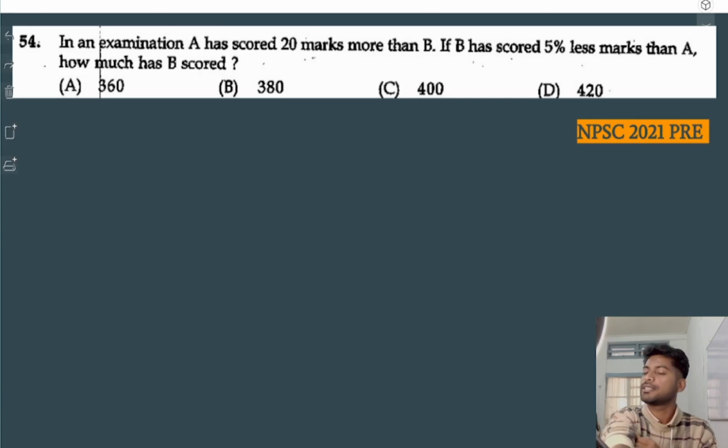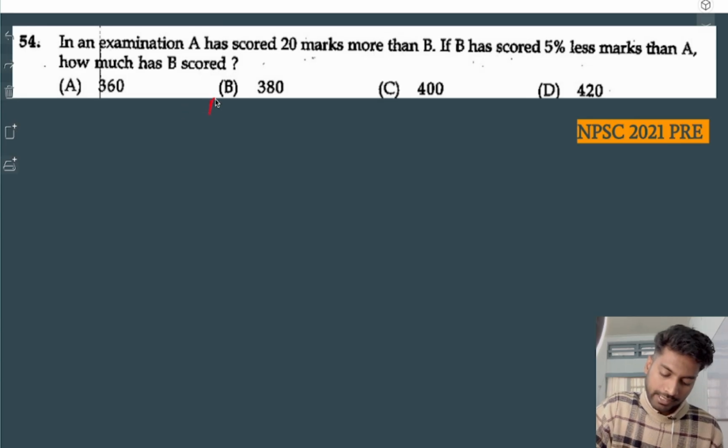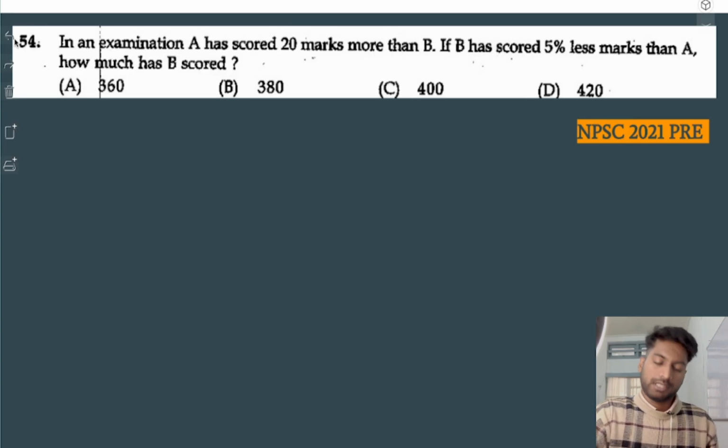Interesting question, but a little complicated. Look, just write A and B below. See the percentage, 5% less.